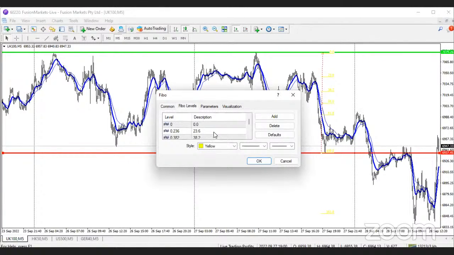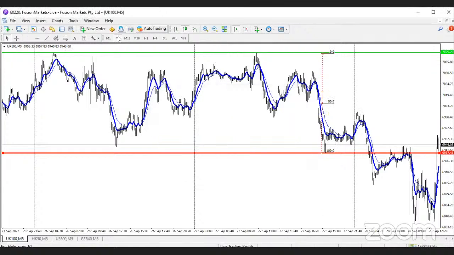On the fib levels, you don't need anything else, just clean them up completely. Okay, so we can pick up the midpoint of yesterday, absolutely critical.